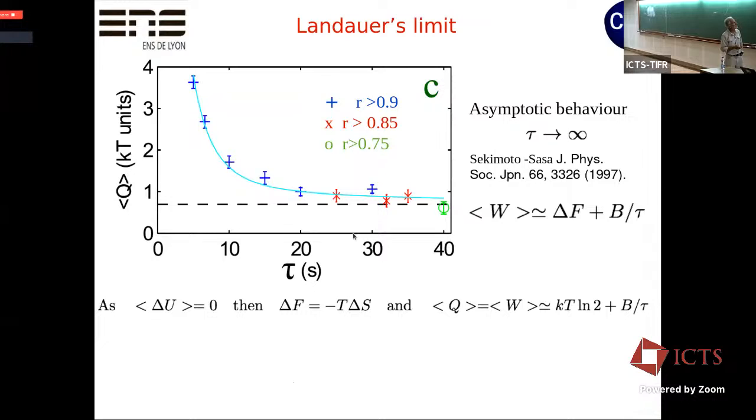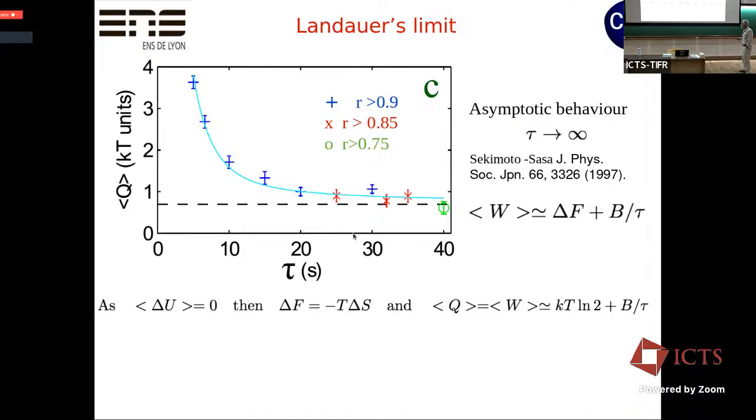So then there is the question of the blue line. The blue line is another interesting point, because Sekimoto in 1997 asked a very nice question that was never discussed before, which is very strange.